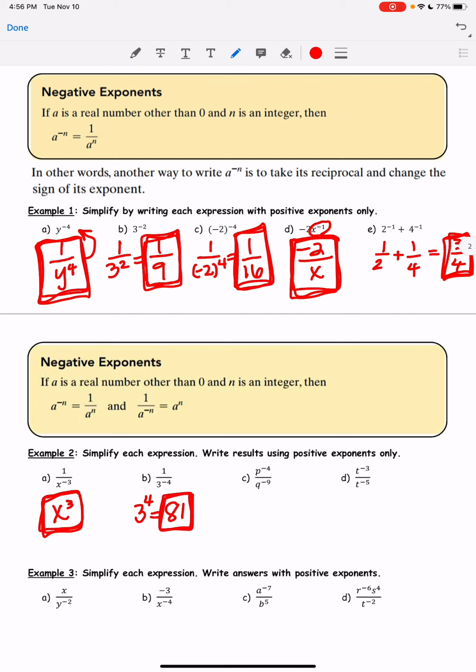Now on C and D, we're using both of these rules at the same time. P is negative, so it's going to go down to the bottom. And Q is negative, so it's going to go up to the top.